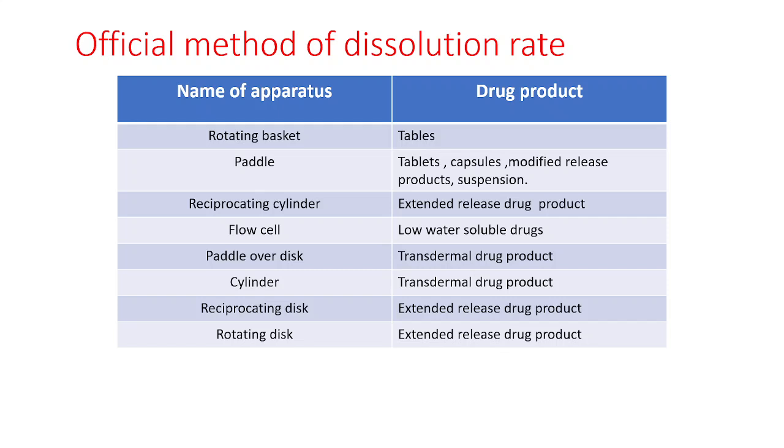For transdermal drug products we have the apparatus called paddle over disc, and the cylindrical apparatus is also used for transdermal products. A reciprocating disc is used for extended release products, and the same extended release drug product can be tested using the rotating disc method.